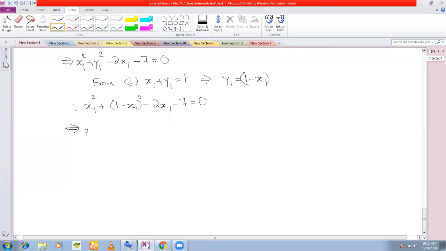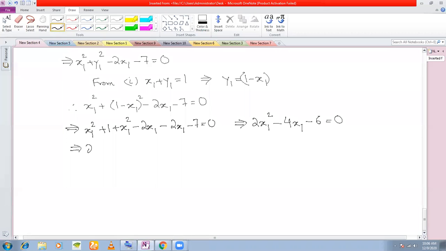Now you simplify this. x1 square plus 1 plus x1 square minus 2x1 minus 2x1 minus 7 is equal to 0. That means x1 square plus x1 square becomes 2x1 square, minus 2x1 minus 2x1 becomes minus 4x1, and plus 1 and minus 7 will give you a minus 6. Okay, equal to 0.